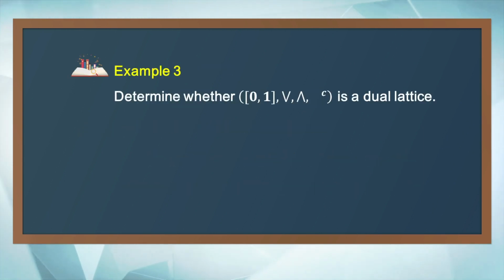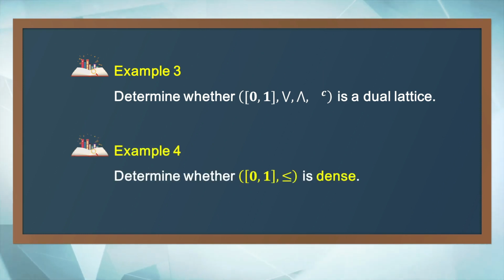Next, dual lattice. Determine whether H is a dual lattice. As we have known that the double negation law holds and the De Morgan laws hold, this algebraic structure is a dual lattice. Next, density. Determine whether H is a dense lattice.